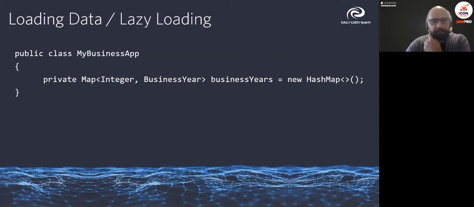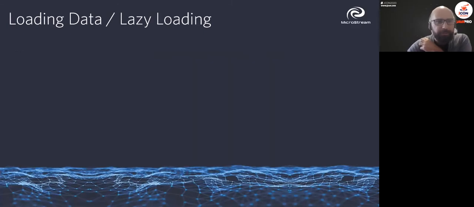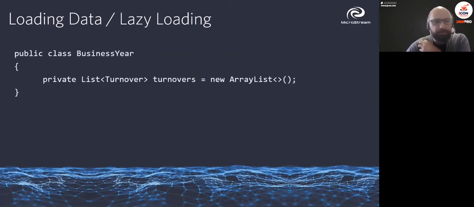So the lazy loading, how is it done? For example, you have a business application. There's a map which has the year as key and the business year object as values. And the business year class has all turnovers, all revenue, which is made in this whole business year.